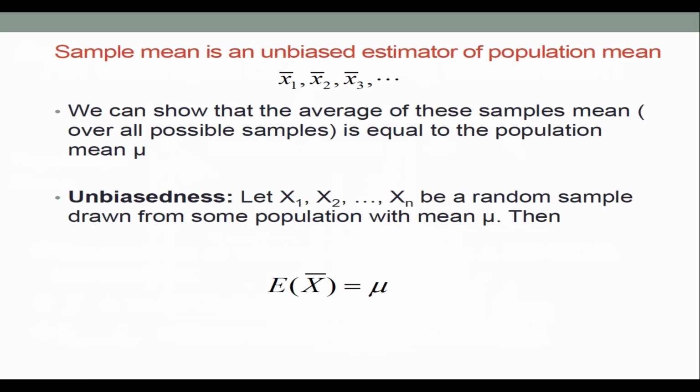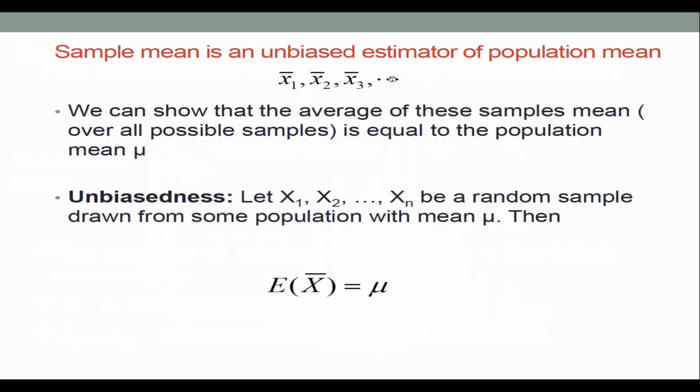The sample mean is an unbiased estimator of the population mean. We can show that the average of all those small sample means is equal to the population mean mu. This can be shown by this equation: the expectation of the sample mean equals the population mean. This means that the sample mean is an unbiased estimator of the population mean.